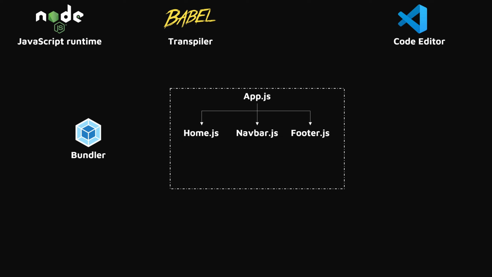So we're going to create the home, navbar, and footer components, and then we're going to use the ECMAScript module system, or we're going to use import to import these files, these modules, into the app.js. And also these components can use import to import other components.